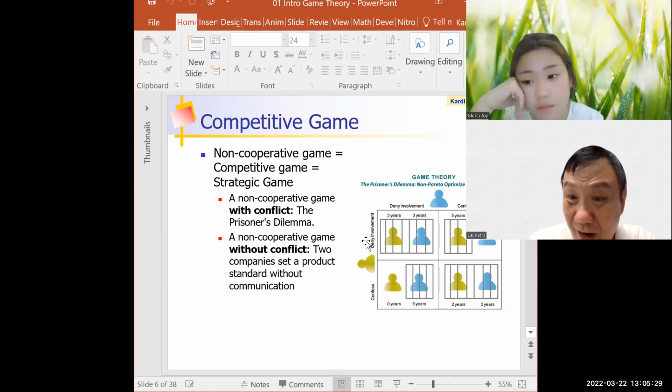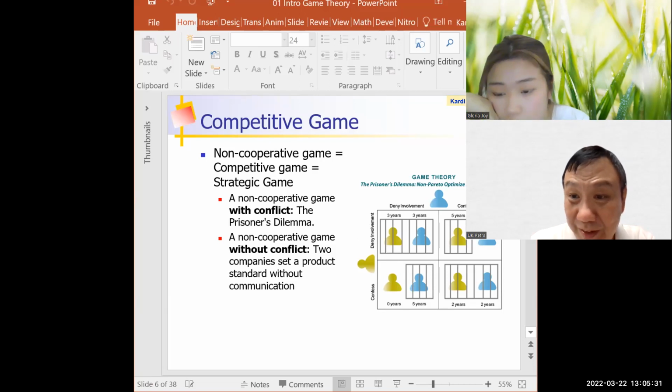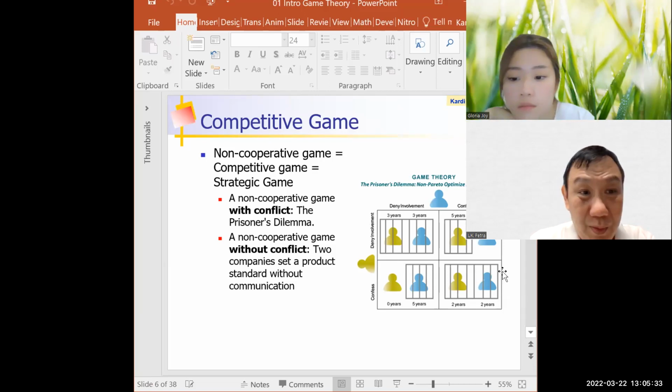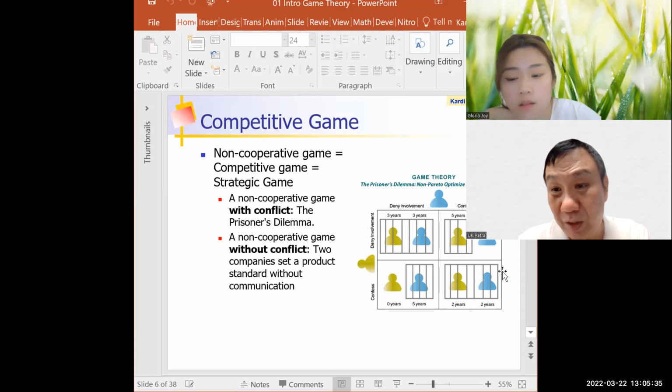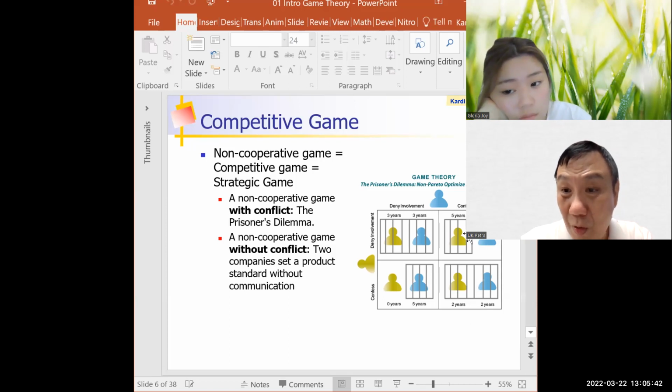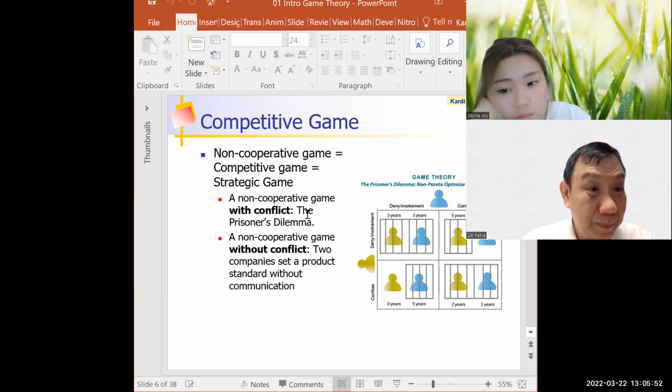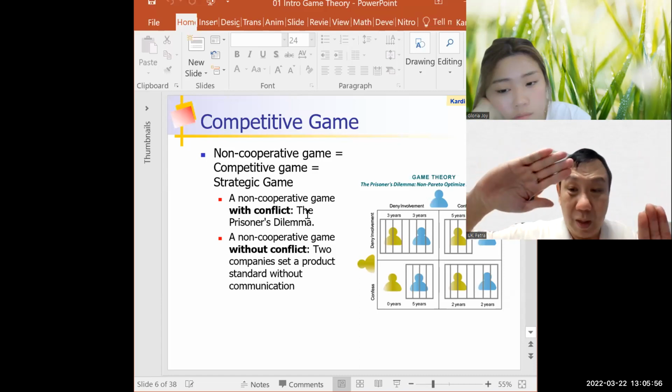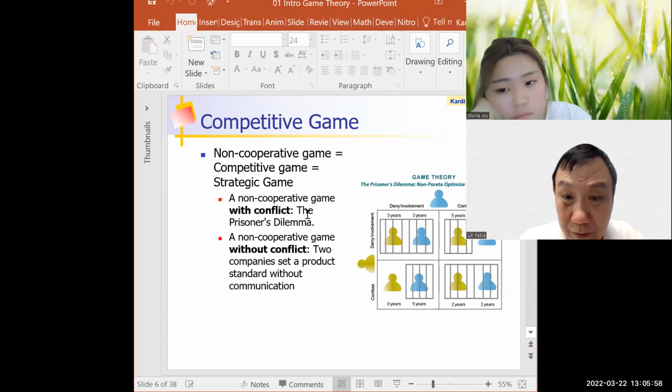If one denies and the other one confesses, of course the one who confesses will get 5 years, and the one who denies will get 0 years. Now if both confess, both will get 2 years. So that is a non-cooperative game with conflict, with two parties, the two prisoners.